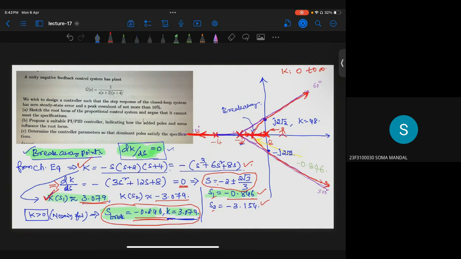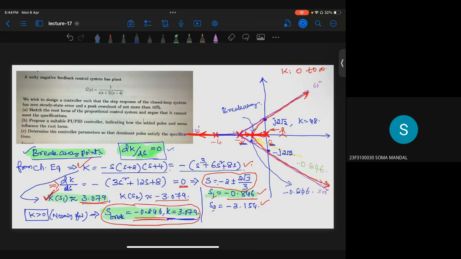So what is this point? Now tell me, what is this point? That point is nothing but minus 0.846. That is the point where the minus 2 and 0 poles break away.